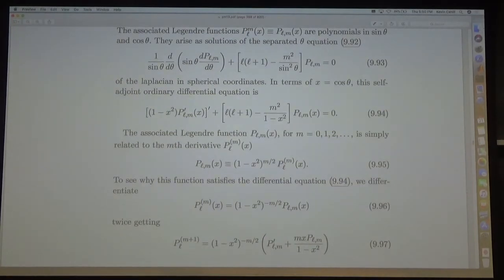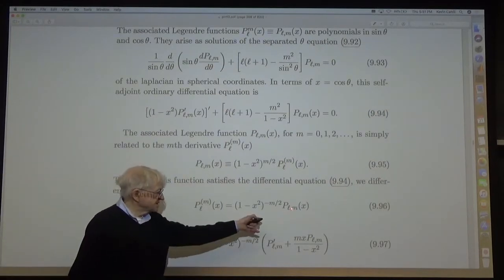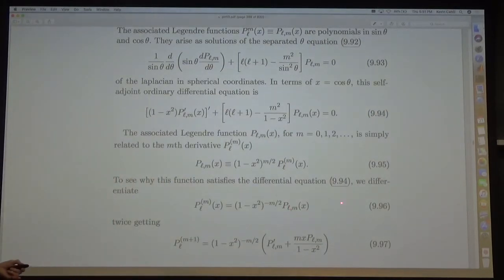And so what we do is we now differentiate this. The point is that P_L^m is the mth derivative of the Legendre polynomial, and it's related to the associated Legendre polynomial by this factor of 1 minus x squared to the minus m over 2.